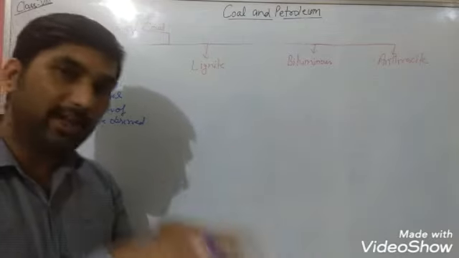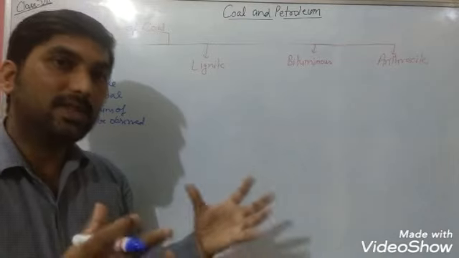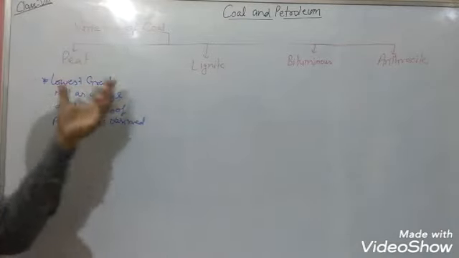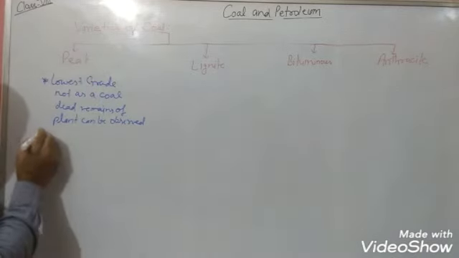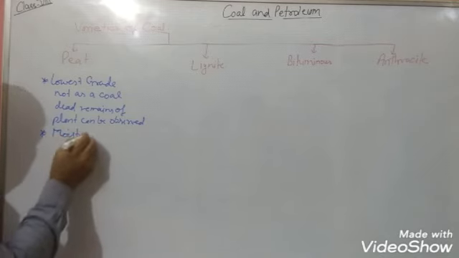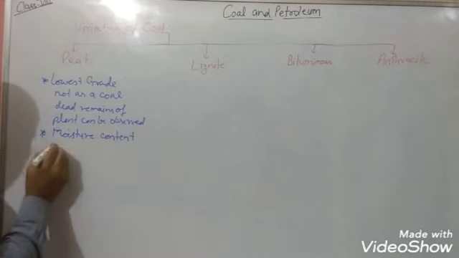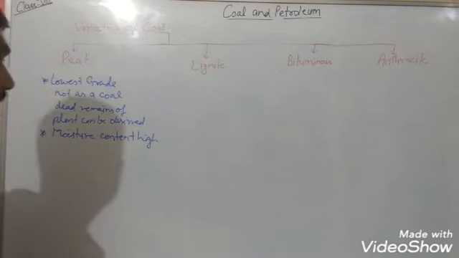Means the plants are buried inside the soil and then they are going to lose their moisture content. So at that time the first initial stage of the coal is known as what? Peat. In it the moisture content will be what? High.